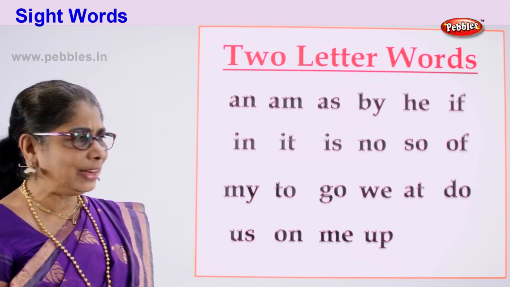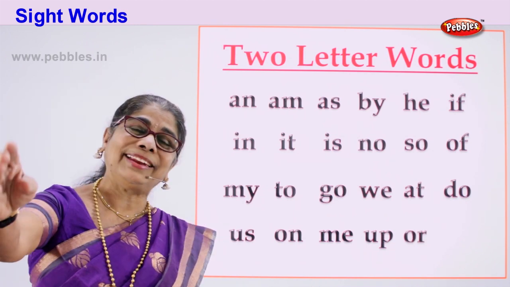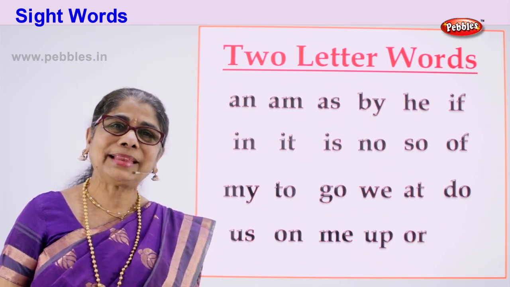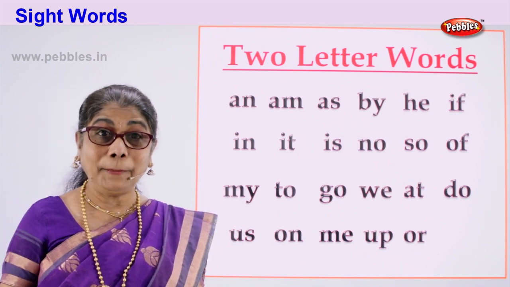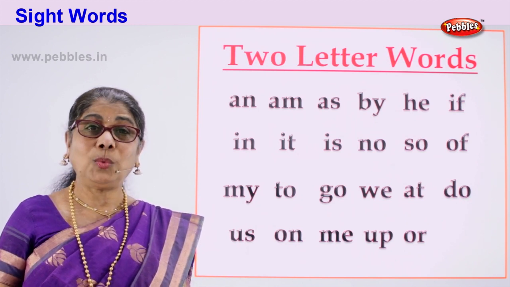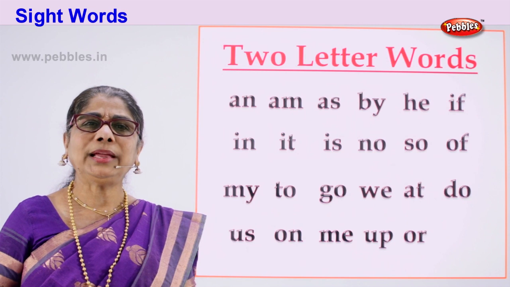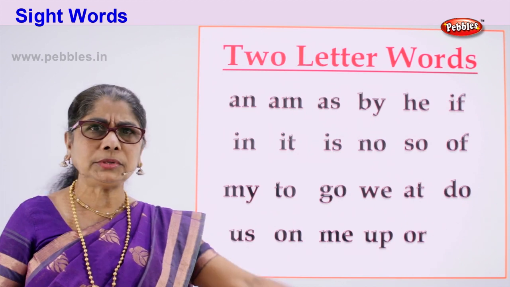Let's look at our next sight word and quickly read it for me. Good. Or. Who said that? Very good. Or. Daddy says, would you like cake or biscuits? The teacher says, what would you like? Would you like to do some work, extra work? Would you like to go out and play?